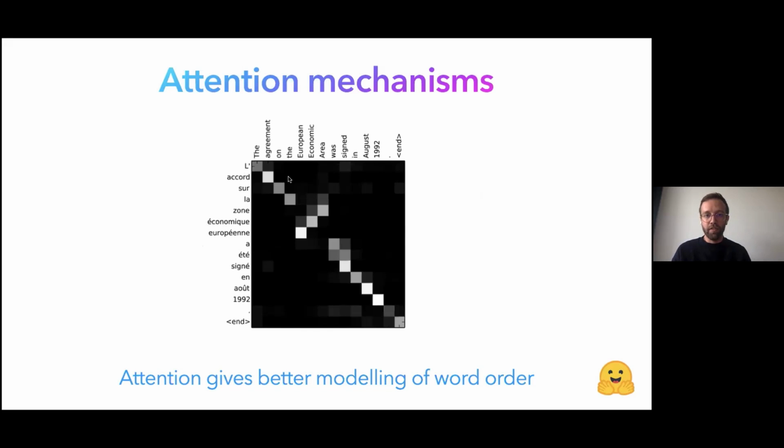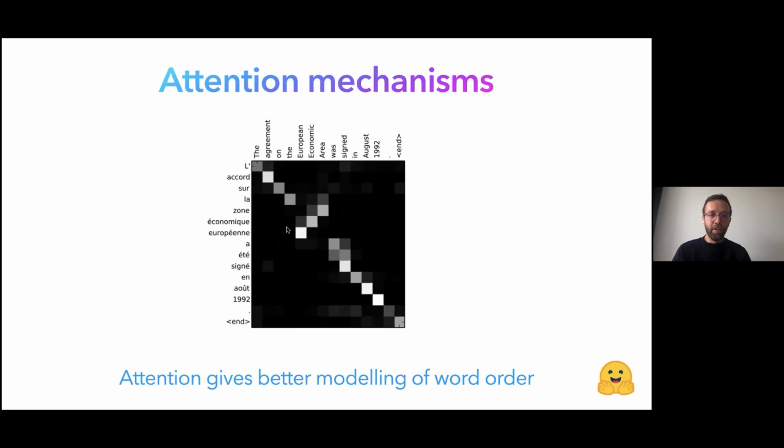That's the attention that you can see here of such a translation model, that it actually pays attention the right way. If the diagonal is highlighted, that means when translating the word de, it looks at this word.